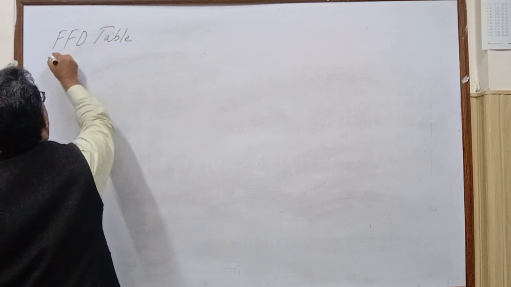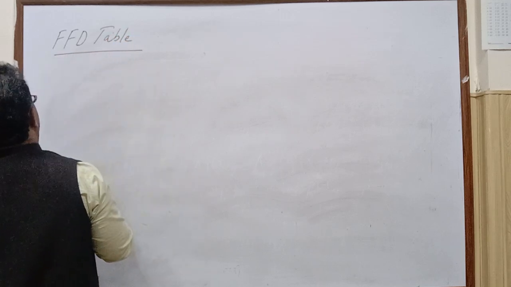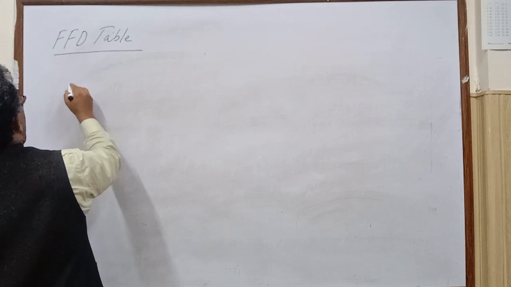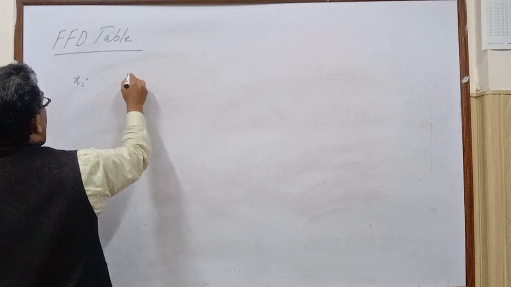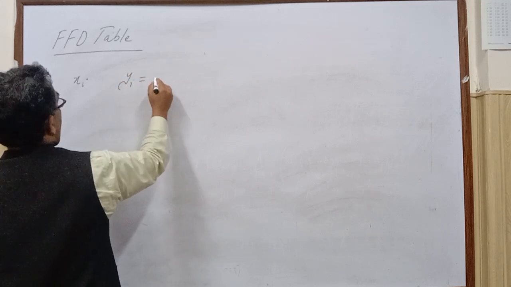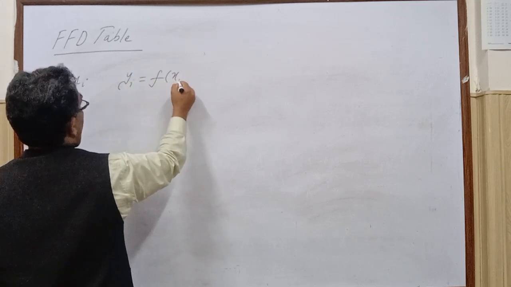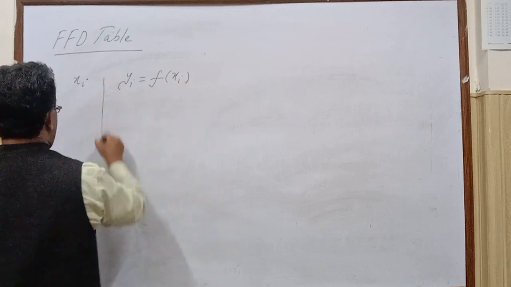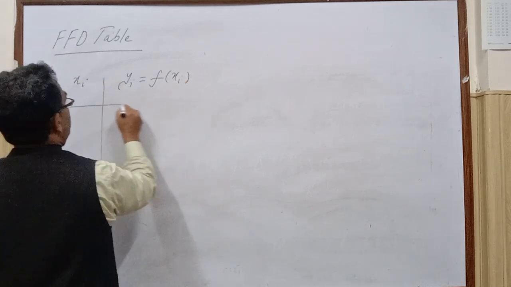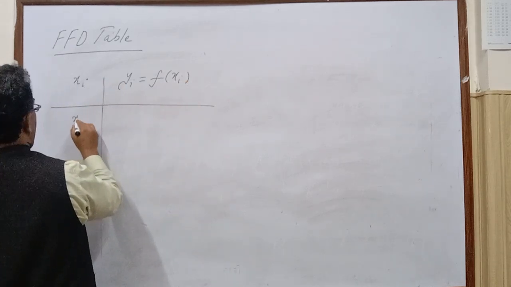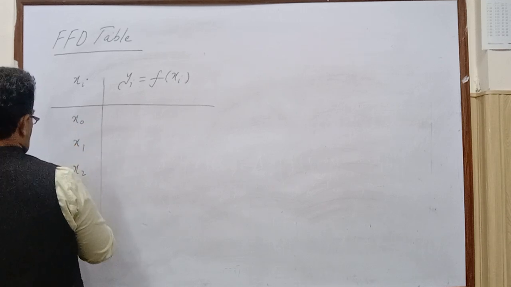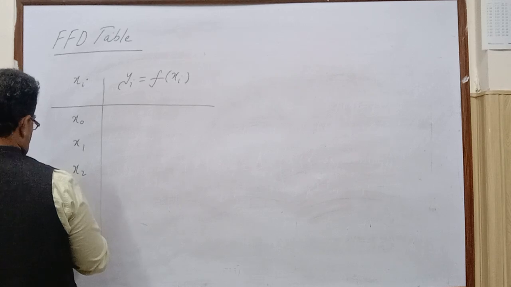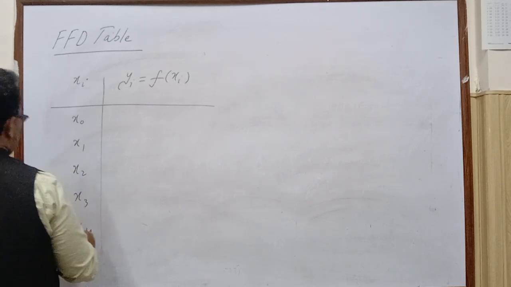In order to write this table, first of all, we must have the values of x and the values of y, and values of y means the values of the function of xi. Let's say the values of x are x0, x1, x2, x3, and x4.